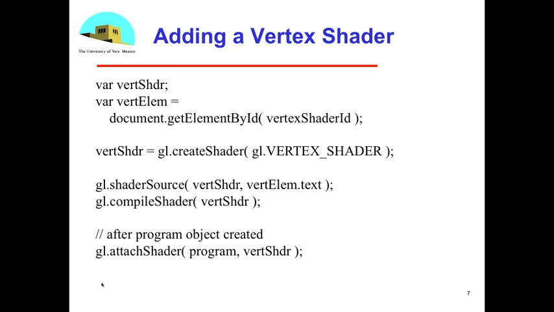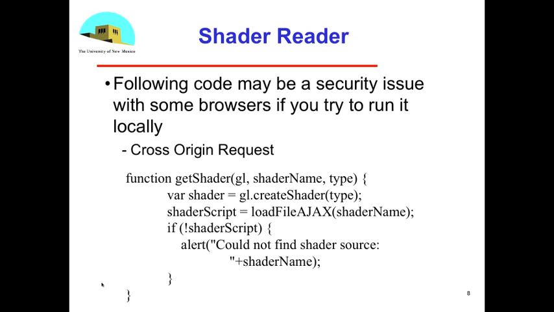So if you want to write a shader reader, and actually there's a second version of init shaders, init shaders 2, which does this, which reads in the shader, we can use some HTML functionality to read that shader script in. So this is fairly simple. It says give it the name of the file and read it in as an AJAX request. You can look up how that's done. But that's really not the issue.